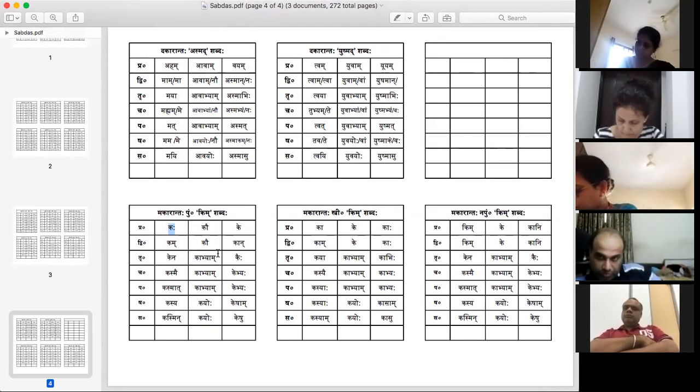So here also there is no verb. So you supply asti. So I am kaha asti. So for feminine, it will be iyam ka, because the feminine form of this is iyam, and the feminine form of kim is ka.